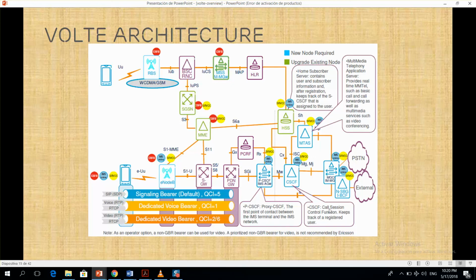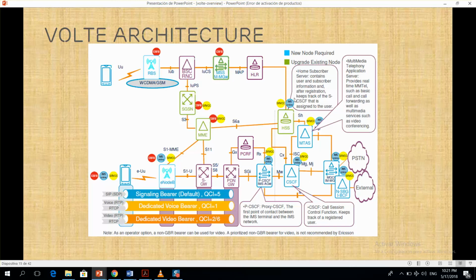The SCSCF, the serving call session control function, keeps track of all registered users. If you're going to register on the IMS network, it comes through the SCSCF. You have your HSS, which we already know, and the MTAS, the multimedia telephony application server. Take note of all this.